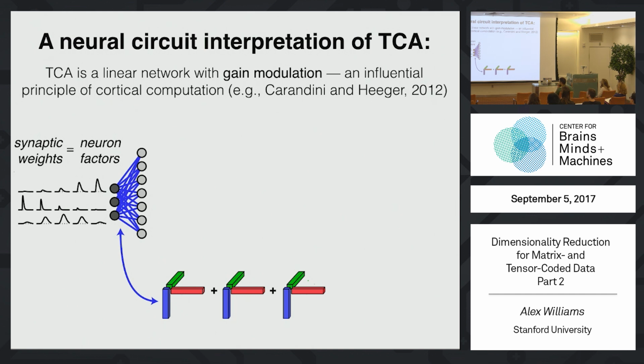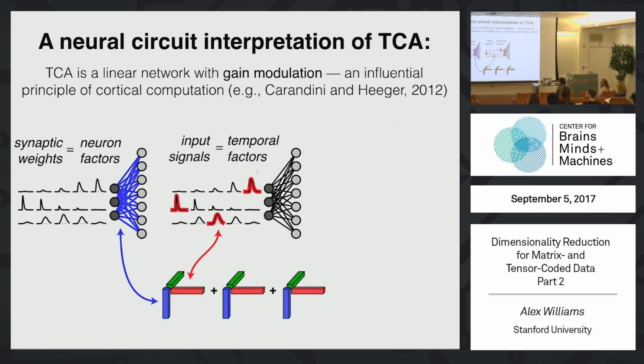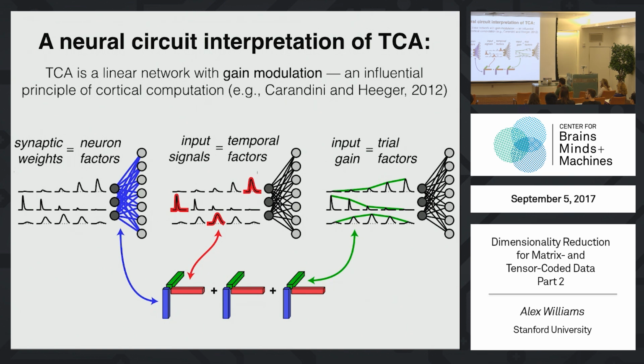So that gives the outgoing synaptic weights from each input. Furthermore, the waveform of the latent inputs is given by these temporal basis functions. And finally, the amplitude of the latent signal is given by the trial factor in green, which is the novel low-dimensional component that we're recovering here.